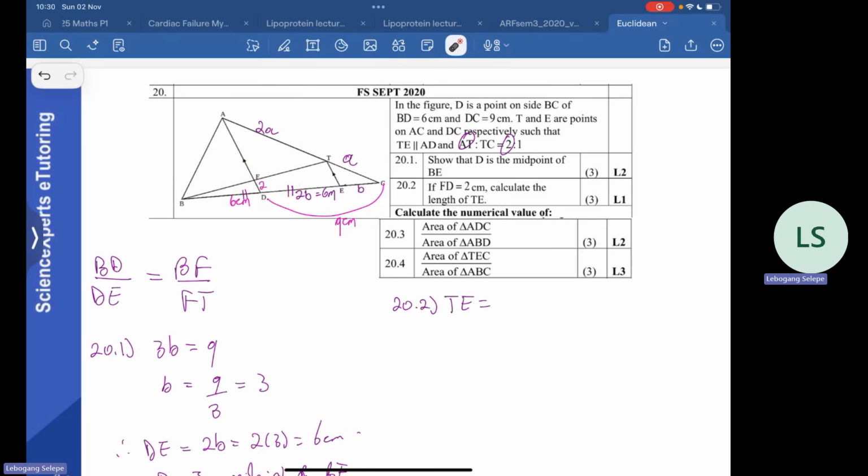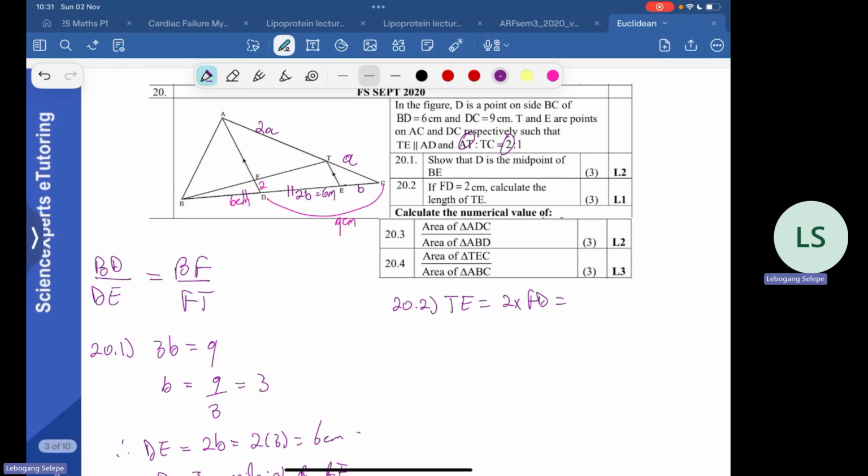It will simply mean that this length is going to be half that one. So TE is going to be 2 times FD, which is 2 times 2, which is 4 centimeters. Now let's move on to 20.3.